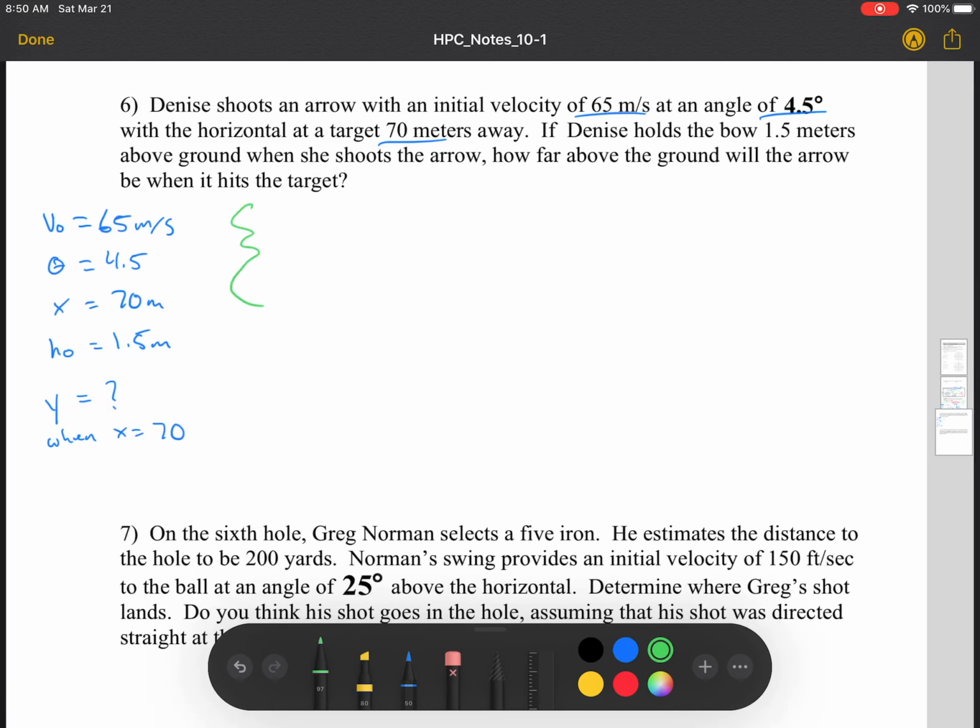Okay, so let's write up our equations. Start plugging in our values. Sorry, that's a 4.5 plus, this time I wrote the 1/2.